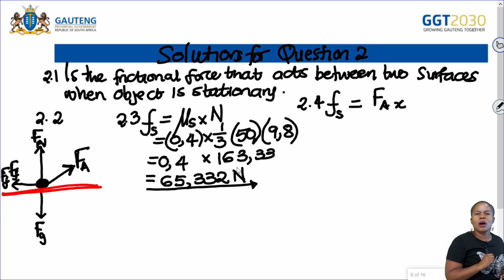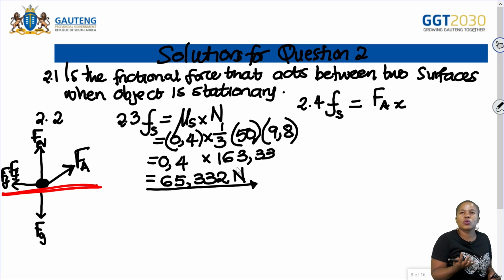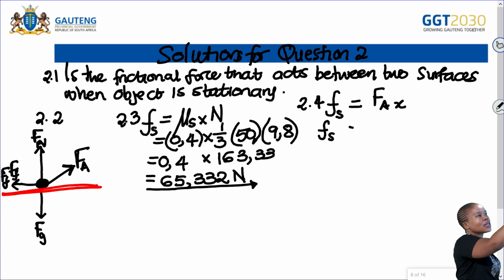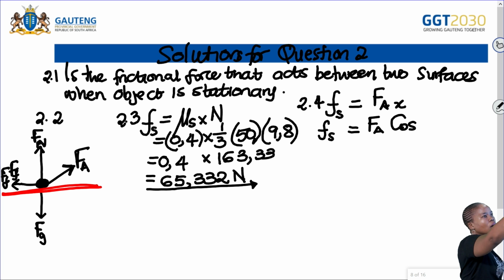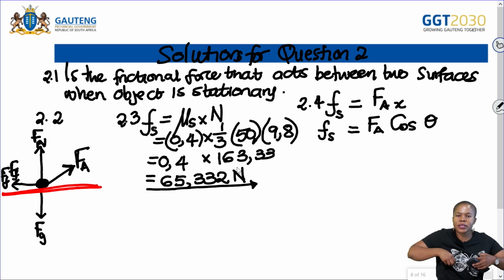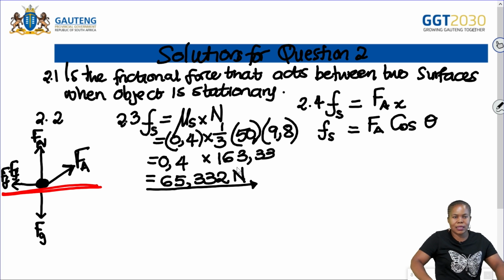Now, how do I calculate the horizontal component of this applied force before we get into substitution? We're going to say Fs is equal to Fa cos theta. Now I'm substituting, because I've already expanded everything over there.